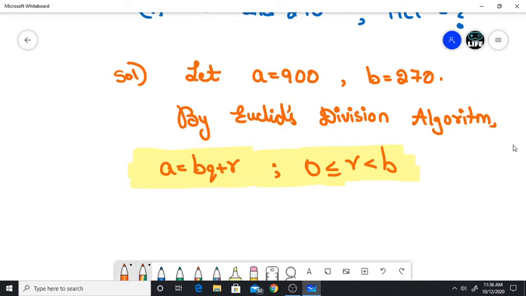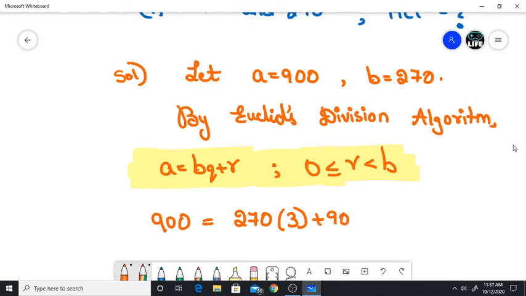So we took A equals to 900, B as 270. 900 equals 270 into 3 plus 90.